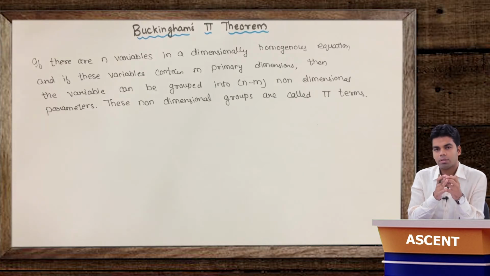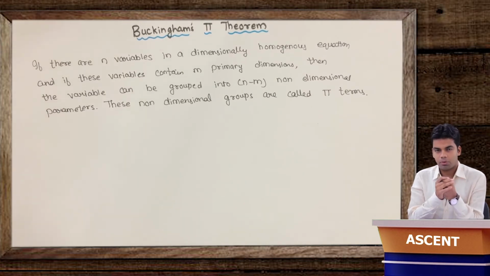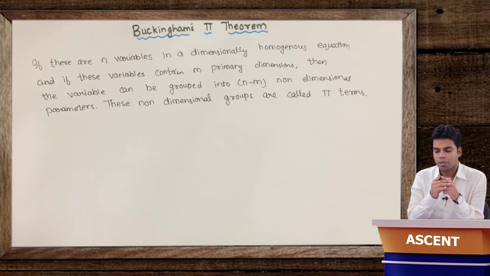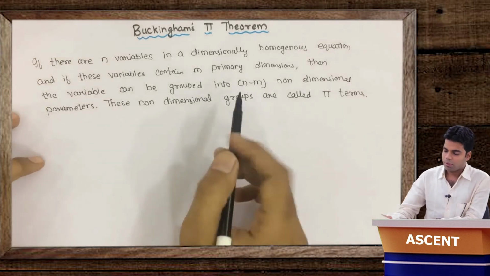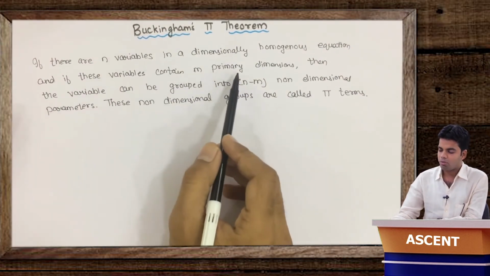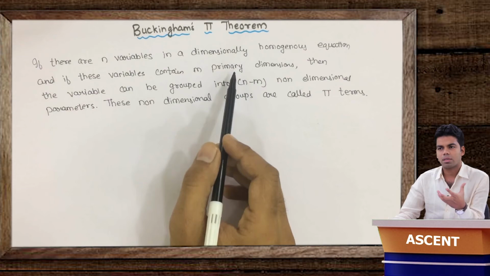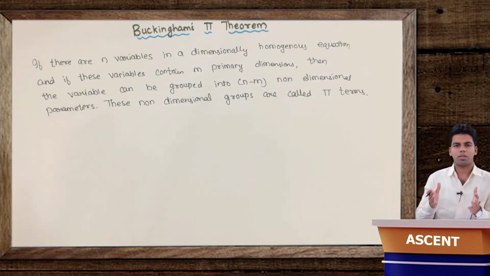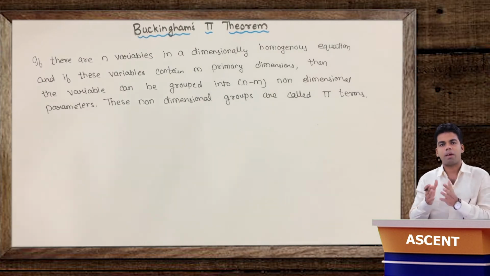Suppose we have n number of variables. Okay, the total number of variables is n, which may include the dependent variable as well as independent variables, and out of these we have m number of primary dimensions. Primary dimensions generally are 3: M, L and T. That is why, when we represent a dimensional formula, it is in the form of MLT.